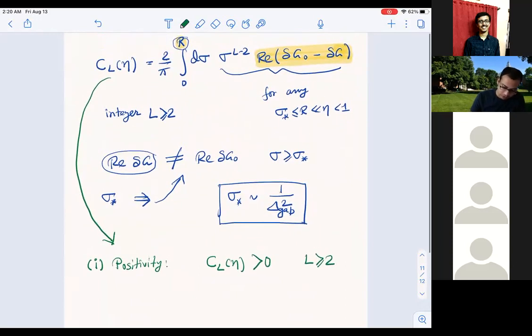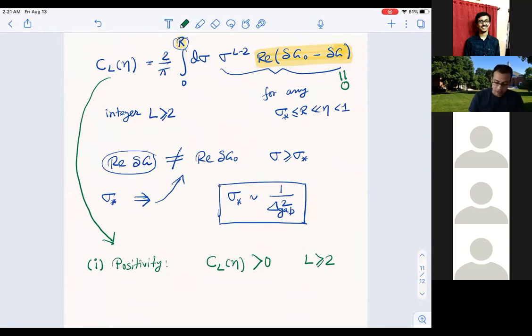Strictly positive because C_L can be 0 only when delta G naught is equal to delta G. That means the CFT is a generalized free CFT, and the bulk scalar theory or bulk EFT is an exactly free theory.